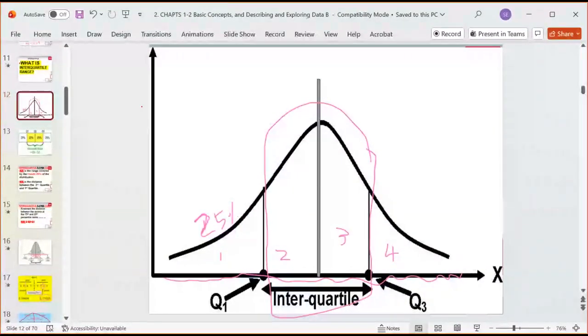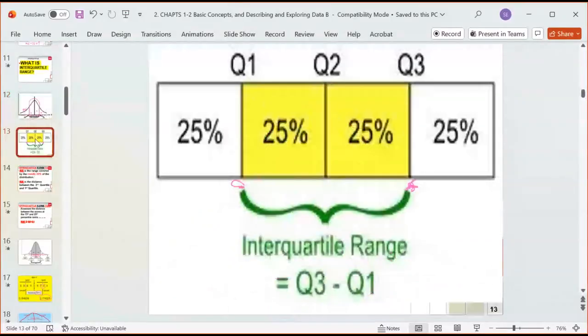So the interquartile range. Okay, here's a better picture at the bottom. You can see that each one of those quartiles is 25%. So the interquartile range is the difference between the third quartile and the first quartile, Q3 minus Q1.